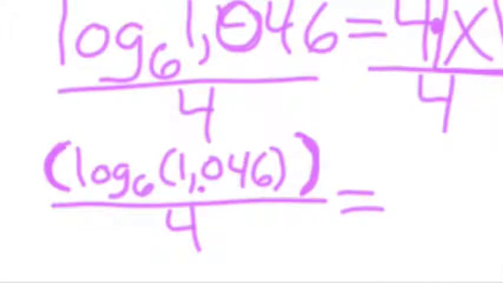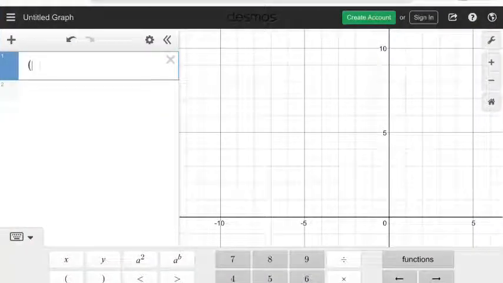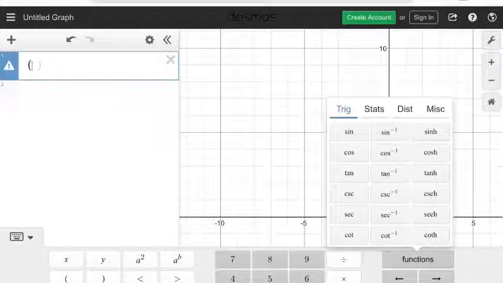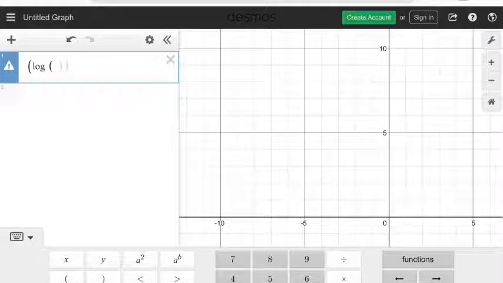So now we're going to review how to put this in Desmos. We're going to put our parentheses. We're going to go to our functions, to this misc, and use the log a. The log a versus just the log gives us the option of putting a base that is not just 10, because remember 10 is understood.